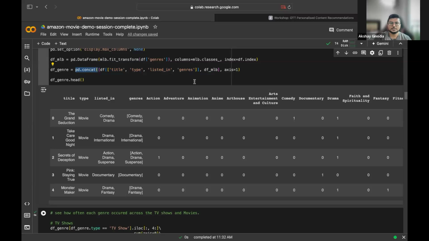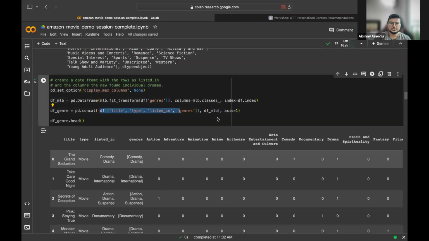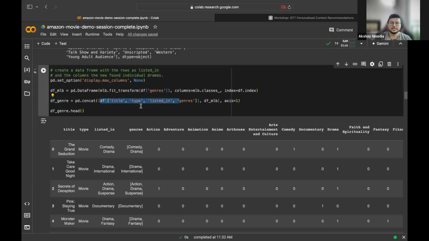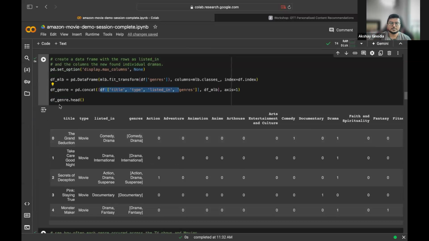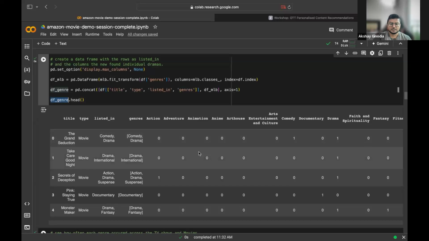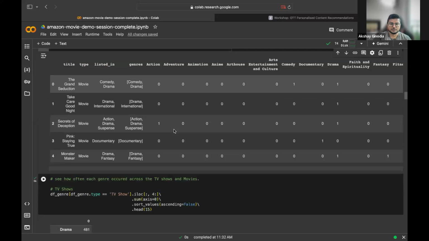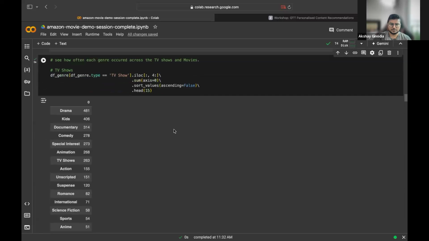So from the data frame, I'm picking these 4 columns. Then whatever multi-level binarizer data we created here, I'm joining side by side, like adding those columns to the data frame. That creates my genre dataset, which has the title, the type of the movie, the genre before transformation, or genre when it was a list, and then the multi-level binarizer columns. So this is my genre dataset, which I can use later for other things and also do some exploration.